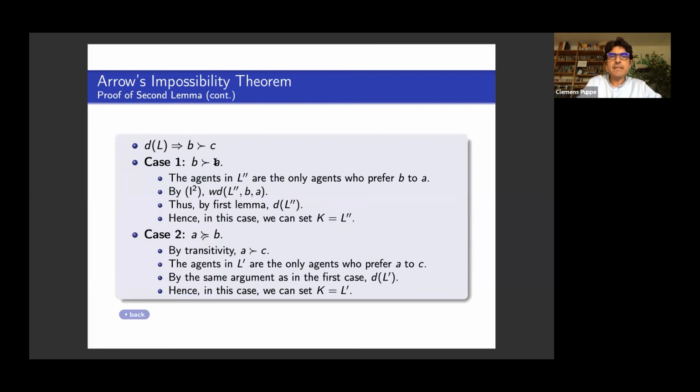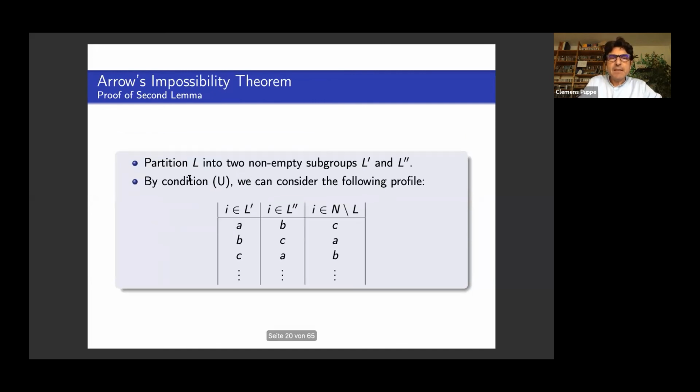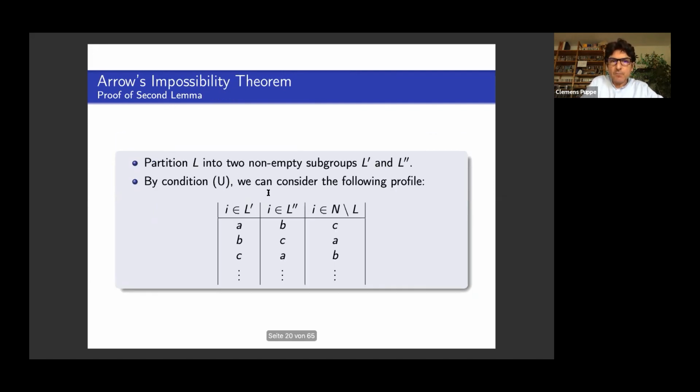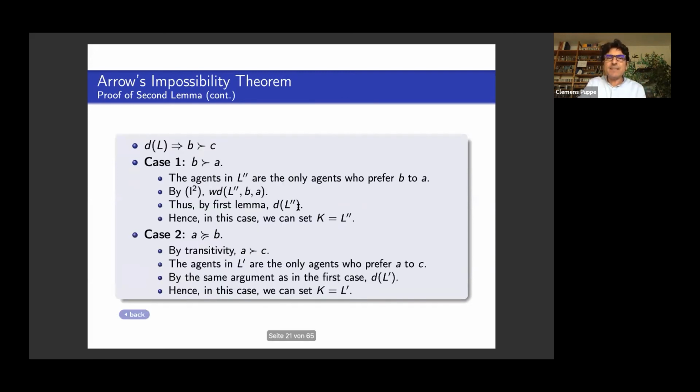Let's assume B is better than A. Now, if B is for the group better than A, then look, only the people in L double prime have the preference B is better than A. All others say A is better than B. Now, by the binary independence, this means that this group is weakly decisive for B against A. Remember, these are the only people who prefer B to A, and still the group preference is B is better than A. So by the binary independence condition, this group L double prime is weakly decisive.